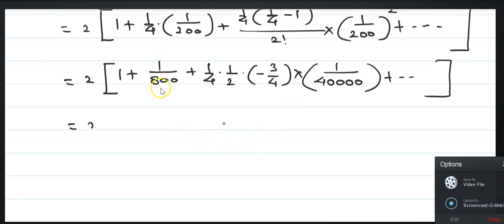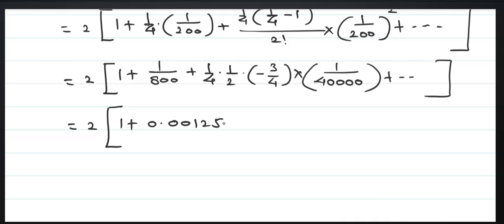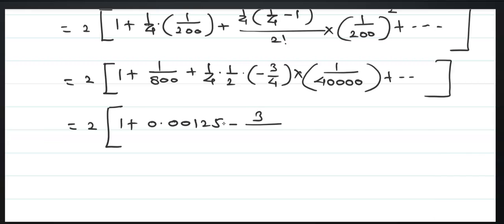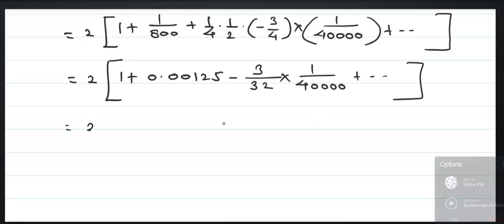What is here? 1 upon 800, 1 by 4, and here is 1 upon 2 factorial. 1 by 4 minus 1 means minus 3 by 4, into 1 upon 200 bracket square means 1 upon 40,000. Now 1 plus 1 upon 800 means 1.00125. Next is minus 3 upon 32 into 1 upon 40,000.